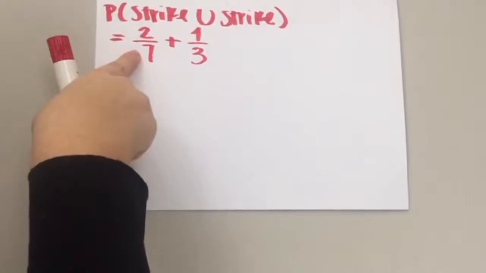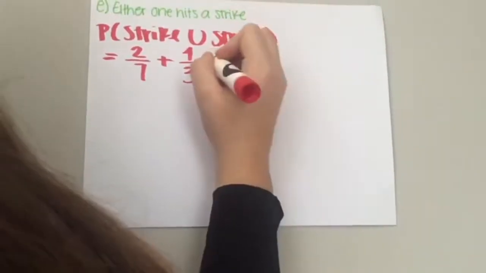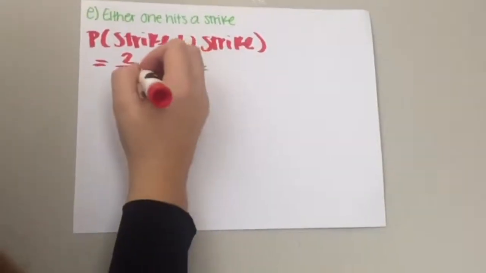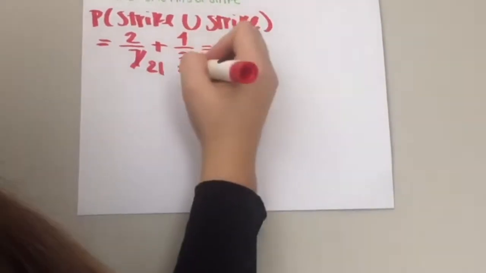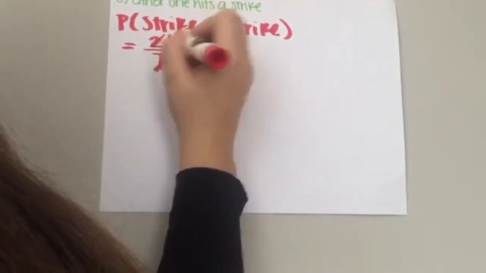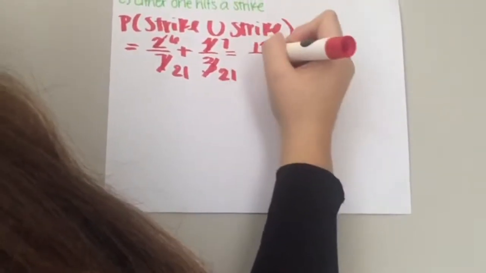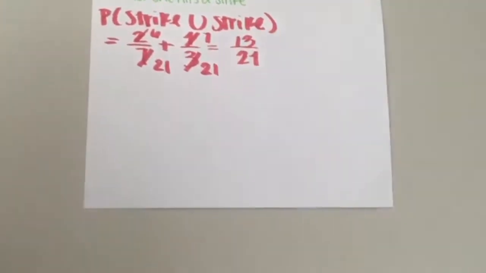This is a probability that Mauricio hits a strike and this one that Fernanda hits a strike, so we add them. And this is 13 out of 21.